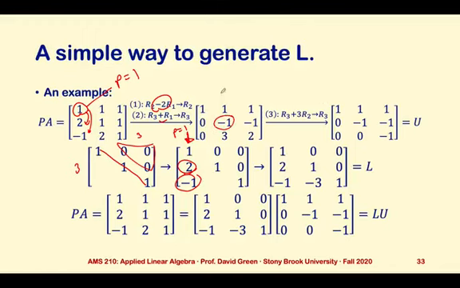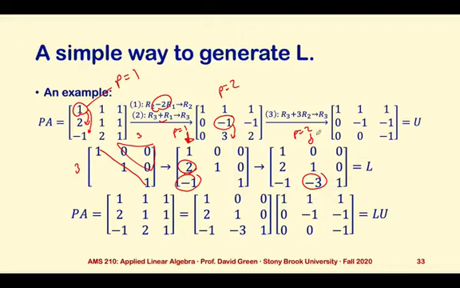We then move over to our next elimination step. Our pivot is now P equals 2, which means we're going to fill in our P equals 2 column. Here we have a single operation. Adding 3 times row 2 is subtracting -3 times row 2, so we put a -3 in this position.